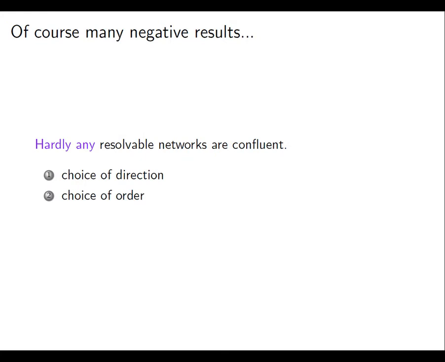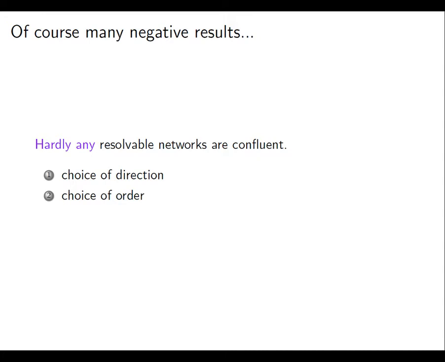It's quite easy to construct counterexamples, and you can see the paper for a bit more information about that. Sometimes a choice of direction, like our choice of T forward and T backward on the previous slide, in our case neither of those got us to a solution at all, but it might be that they both got us to solutions, but to different solutions.